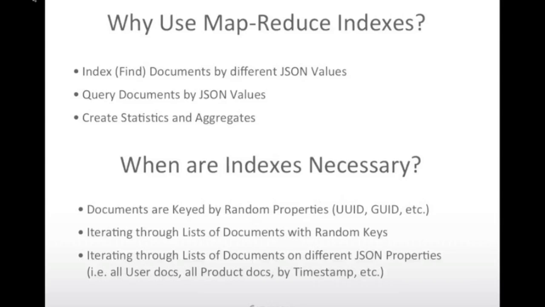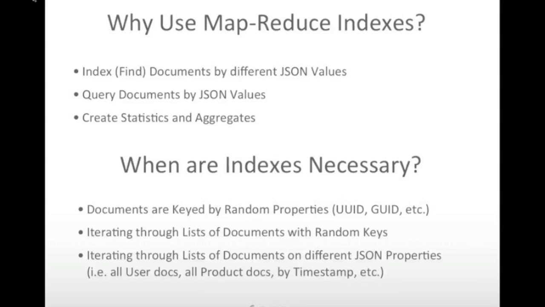Then you can count them, do an aggregate, or do a reduce to get the number of people in that zip code. You'll also have the document ID for each one, so you can iterate through the users however you want. So you're creating an index on zip code.